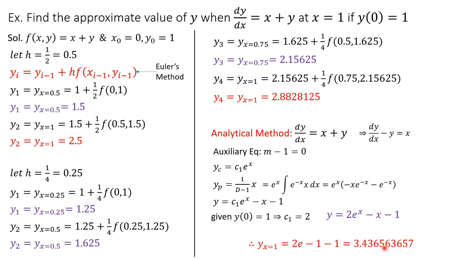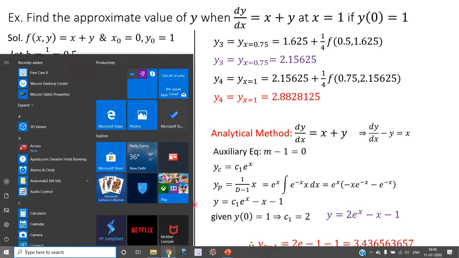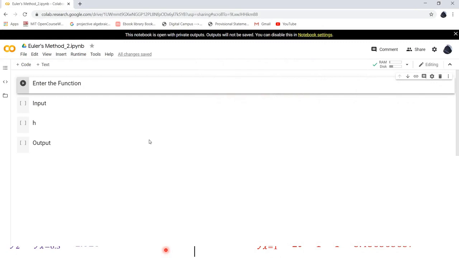So for that, now we will use a Python program, and there we'll see how by changing values of h we can get a very good approximation. So we have this Python program here.